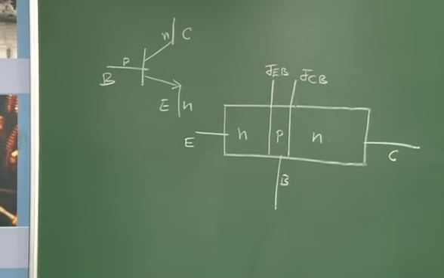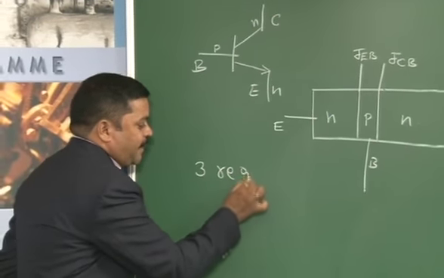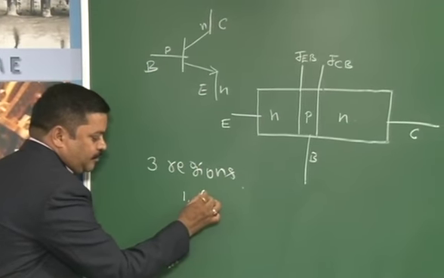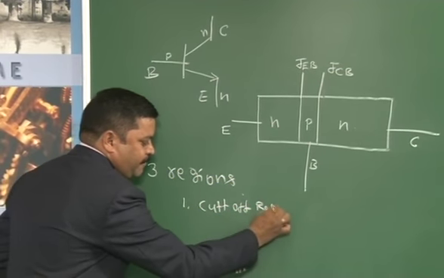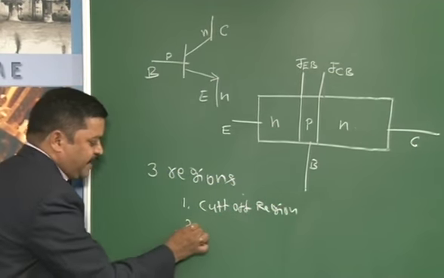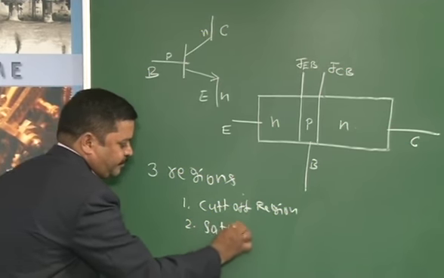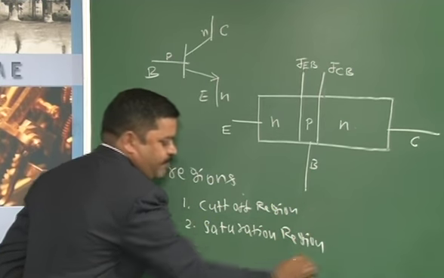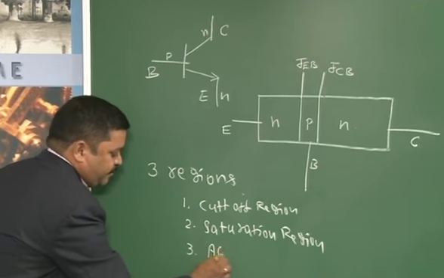Now, before going to transistor biasing, we need to study 3 regions of operation of BJT. The 3 regions are, one is cutoff region, second one the saturation region, third one is the active region.